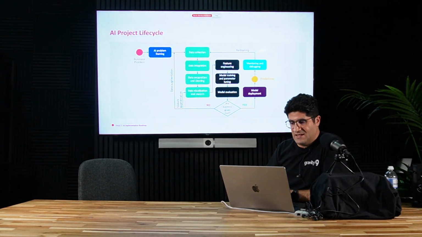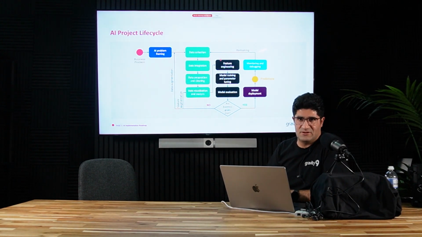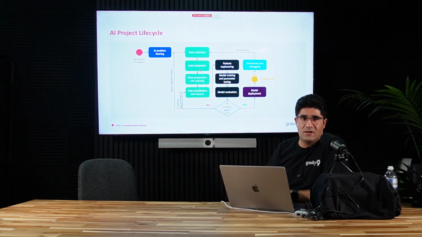As you can see, I use different colors for different steps, because we can put them together in different phases. For example, the first phase is business understanding. The second phase, as you can see with the green color, is all around the data.